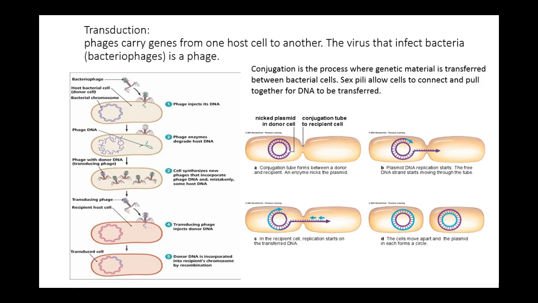So conjugation, we're on the right group of pictures. There's four, looks like little rod bacteria. What you're looking at in that circular purple is the plasmid. Remember, in bacteria you have a nucleoid region and then you have these plasmid rings.